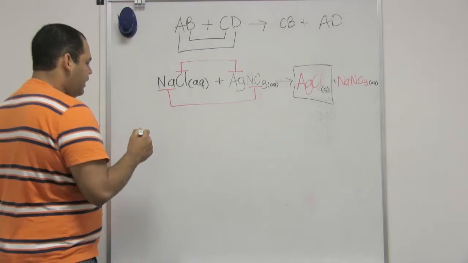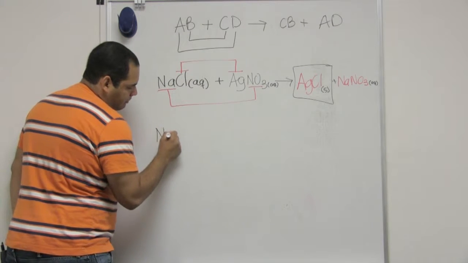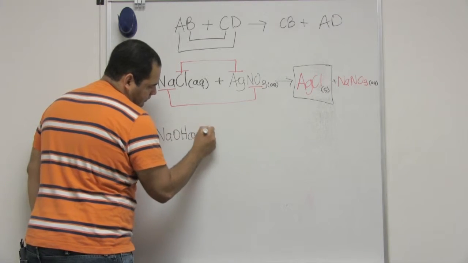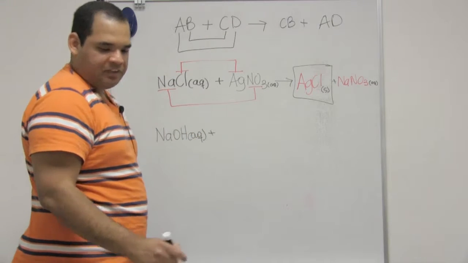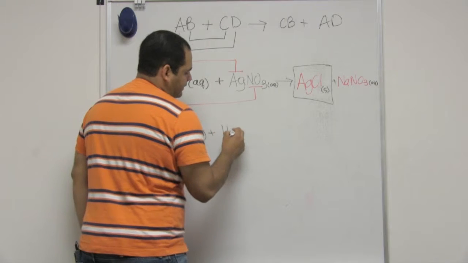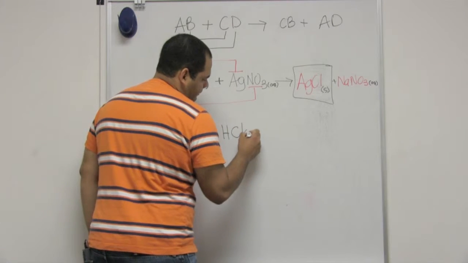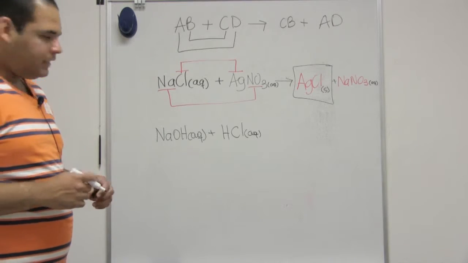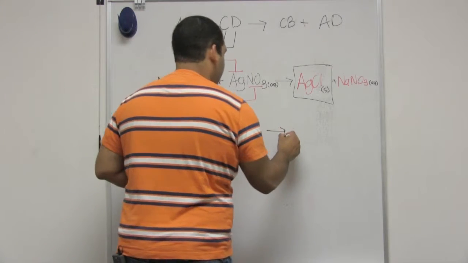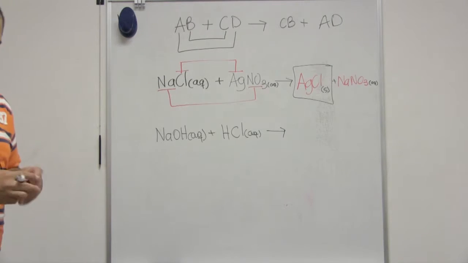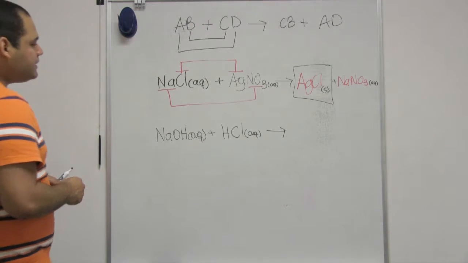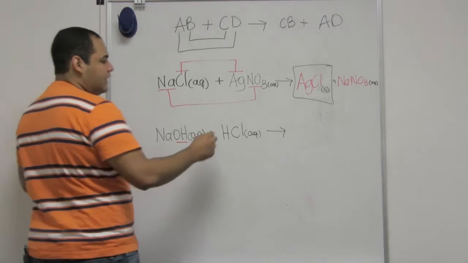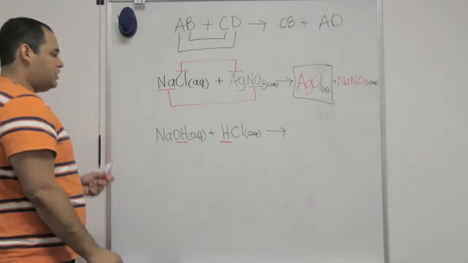Okay? So I have here my base, and I have here my acid, hydrochloric acid, and I look at there and say, well, this is a base because I have OH, hydroxide. This is an acid because I have a hydrogen there.